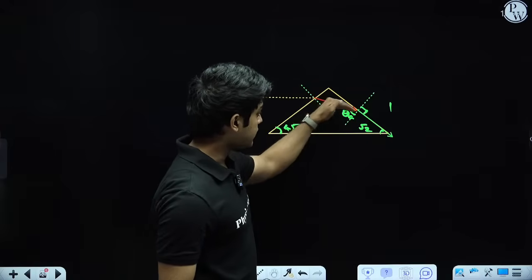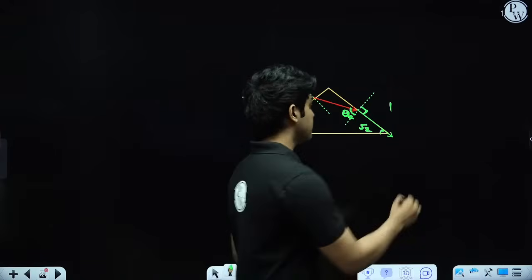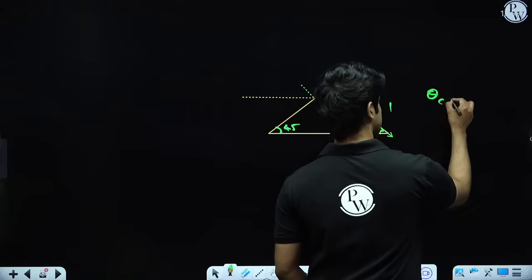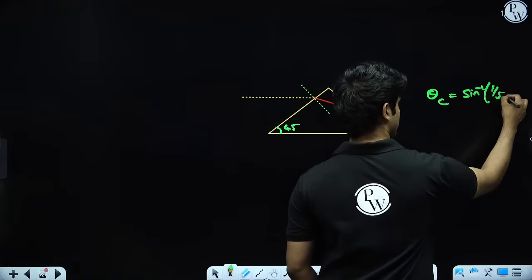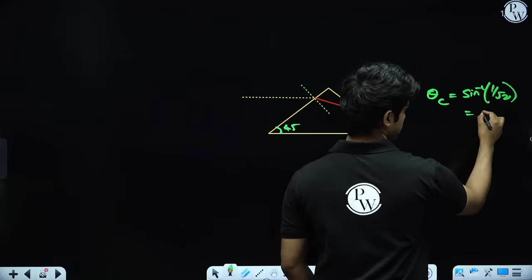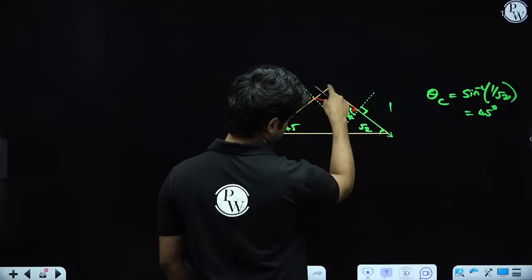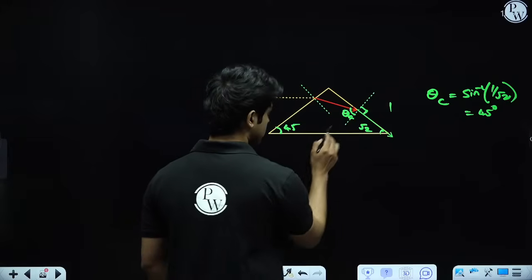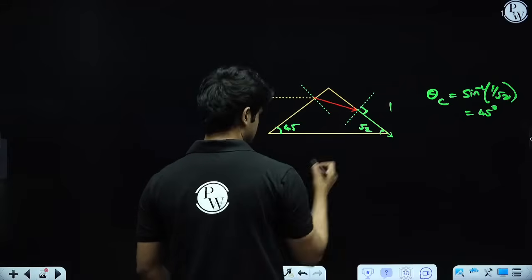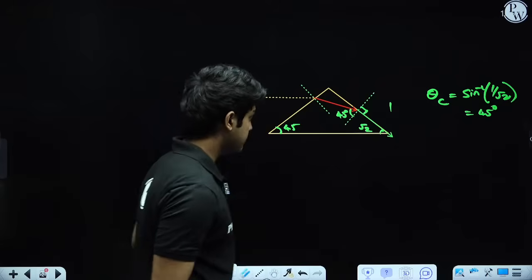If light intersects at theta c, then it refracts at 90 degrees. So what is the critical angle at this surface? It is sine inverse of 1 by root 2, n2 by n1, which is 45 degrees. So the angle at which the light intersects the prism is 45 degrees.